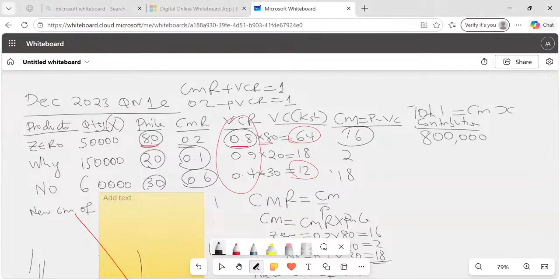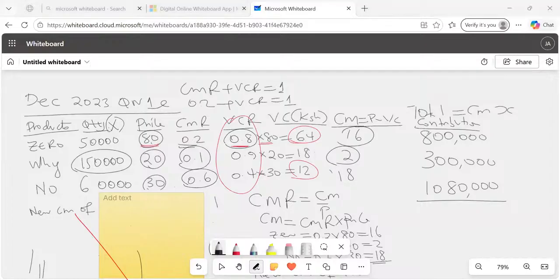Thank you so much. Then we have Y. Y will be 150,000 times 2, which gives us 300,000. Then the third product gives 1,080,000. So then I want the grand contribution. Please add up everything to give us the total contribution from the 3 products.